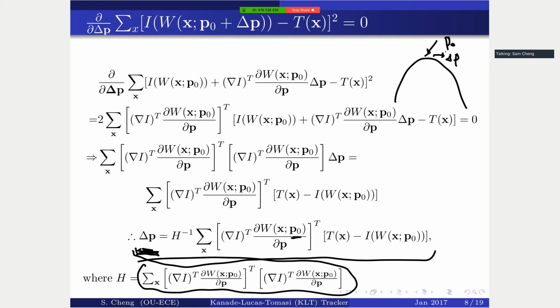After making this assumption and solving a bunch of stuff, eventually I got delta P given by this equation here. So if I now start with a P naught somehow, I know how to find the delta P. So what should I do next?